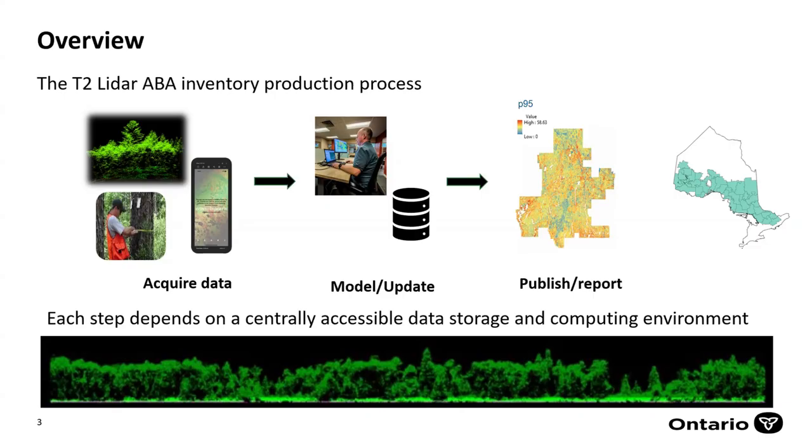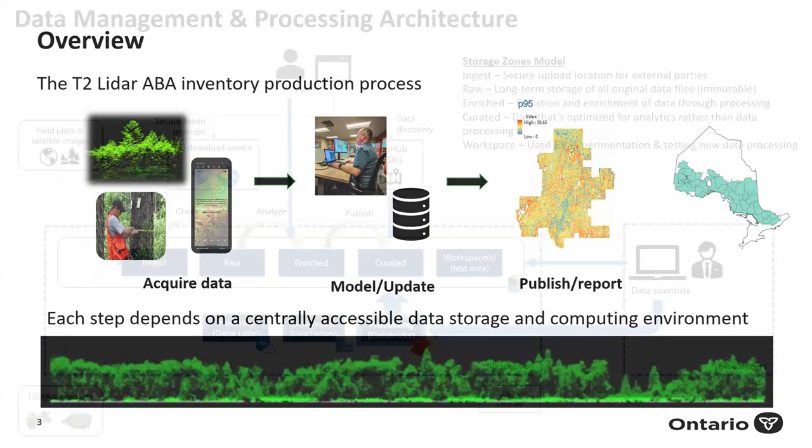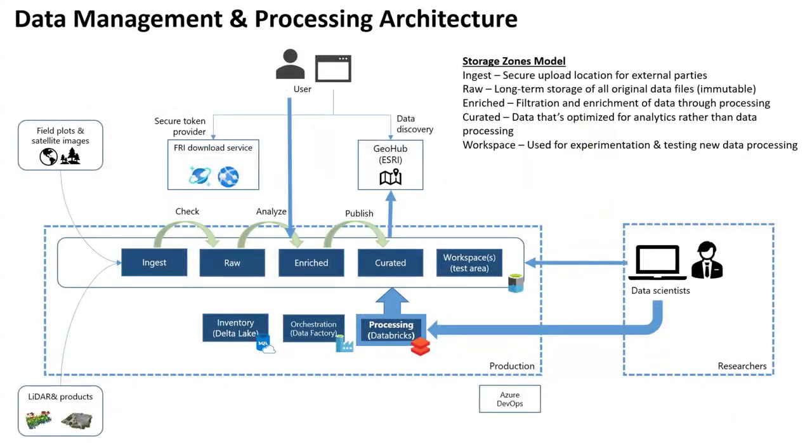We also look at updating that information with satellite imagery and disturbance analysis, stand structure validation, and so forth, to eventually come up with an inventory that's ready for reporting. In terms of how we are doing this, it really is a cloud integrated process because of the data that we're dealing with.